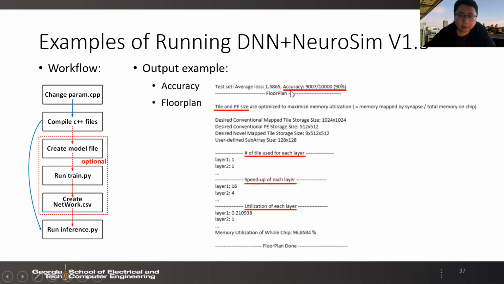So for example, here, this is the training accuracy, the inference accuracy, 90%. And then it will tell you the configuration, here, which layer each tile supports, and then the duplication utilization ratio of each layer.